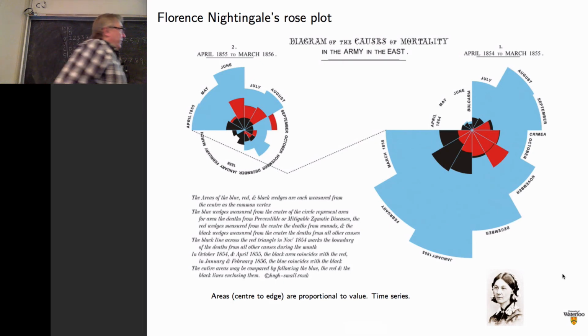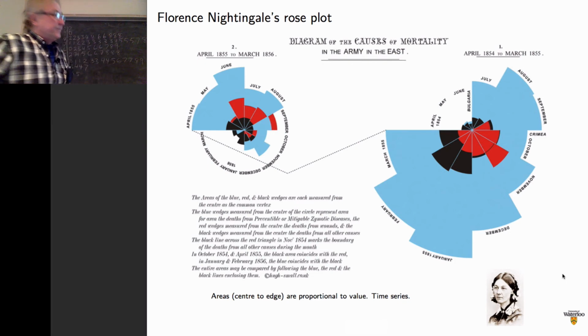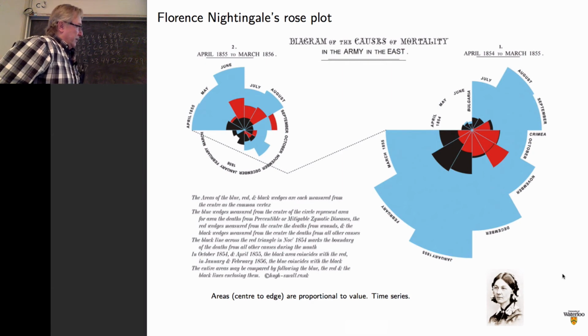Well, here's another way of trying to get at high dimensional information. Another historical one. This is Florence Nightingale. If you don't recall the history here, Nightingale was a nurse working with the British Army during the Crimean War of that time, and looking at deaths.